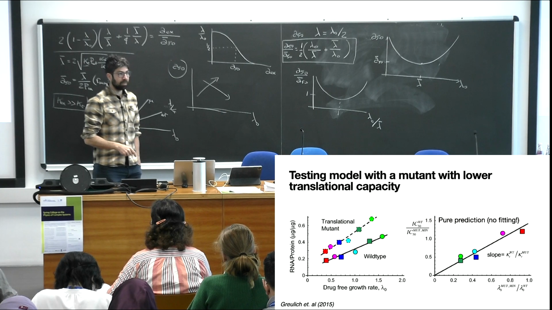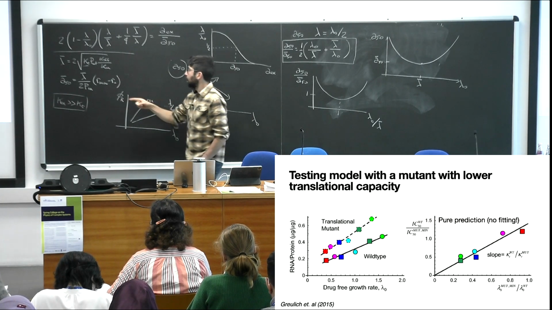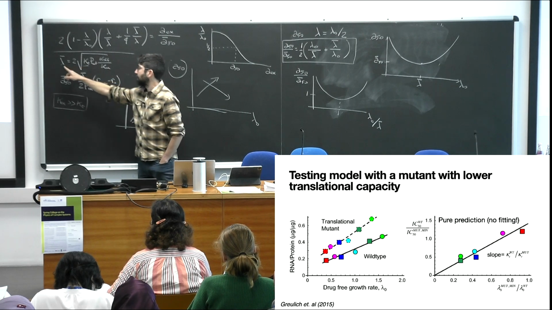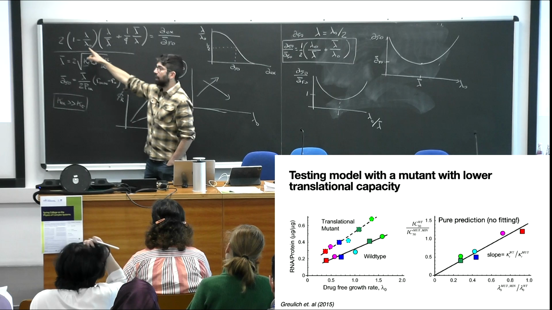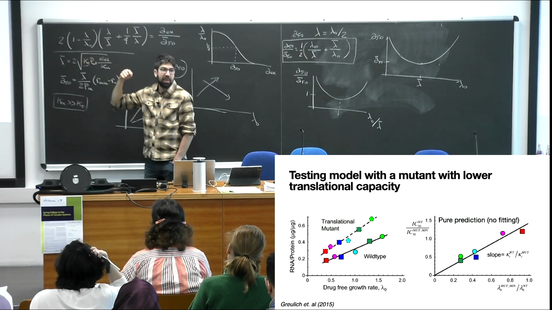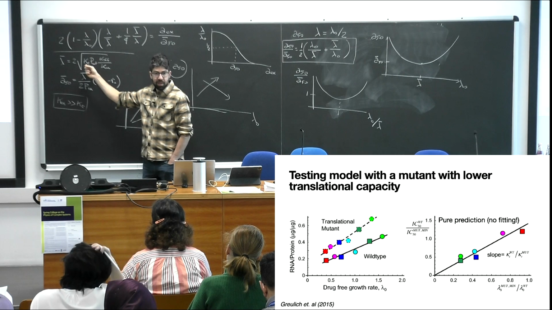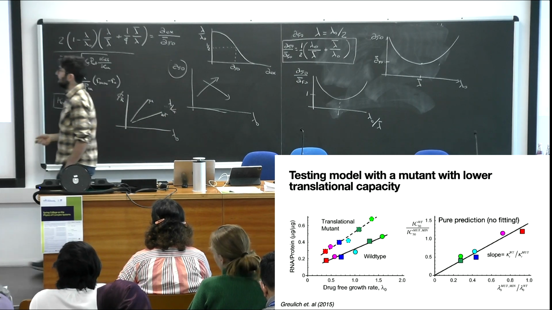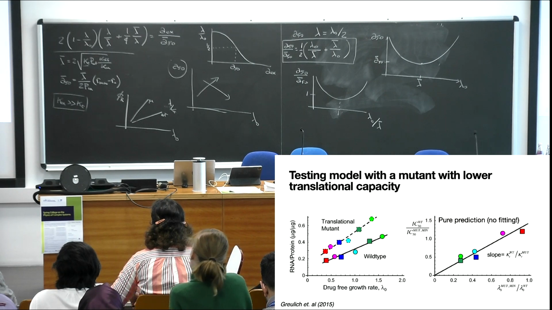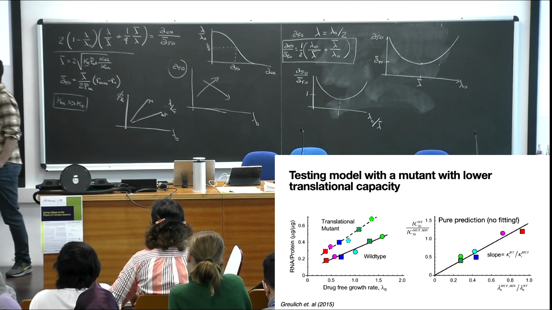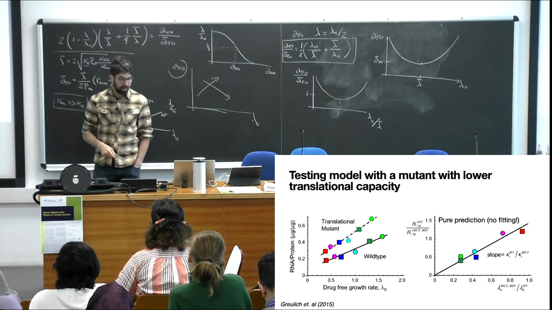Okay? So I didn't derive this prediction, but basically you can imagine that this effect of kappa t will affect lambda bar, will affect A50, okay? Will affect lambda naught in a predictable way because it will always be about the same parameter. And then you can look at the value of A50 for the mutant over the one of the wild type as a function of the growth rate of the mutant over the growth rate of the wild type.